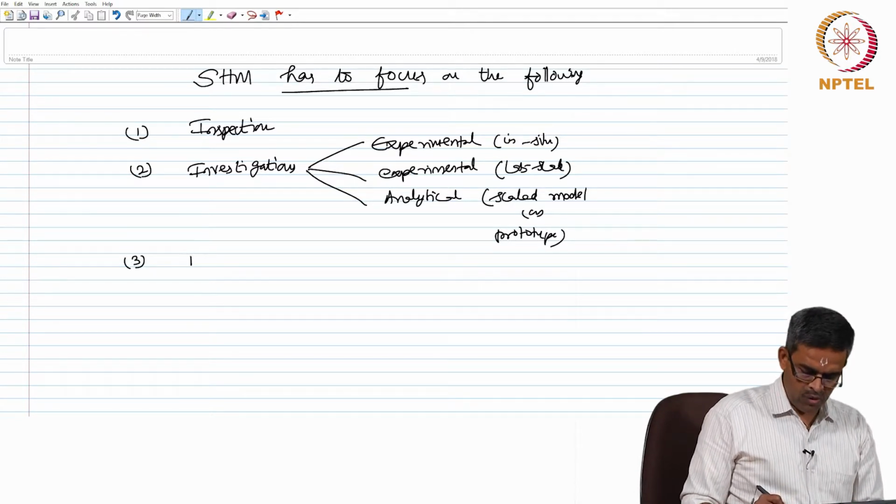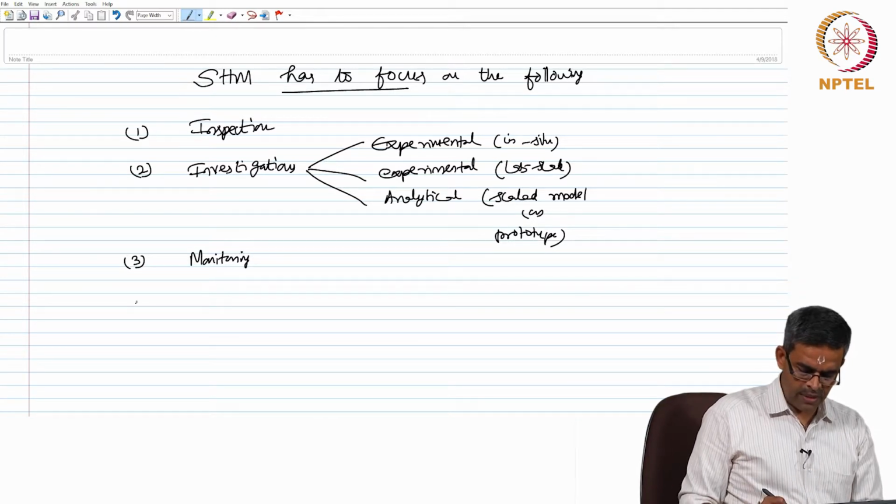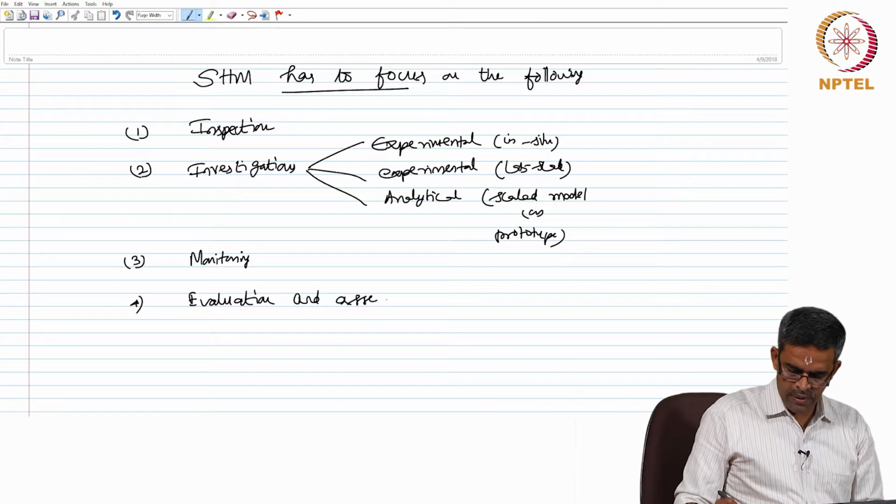The third, of course, is monitoring after detailed investigation is completed, and the last one is evaluation and assessment.